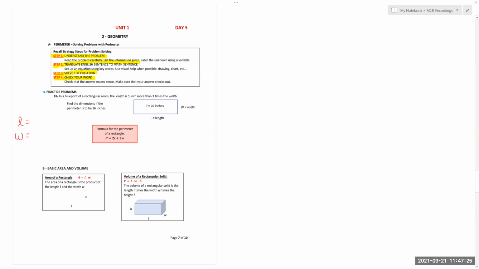Then our second part, translate to math. The length is 1 more than 3 times the width. So I direct translated that is 1 more than 3 times the width. So on this, I had my width, and this was my length, but it's 1 plus 3W.